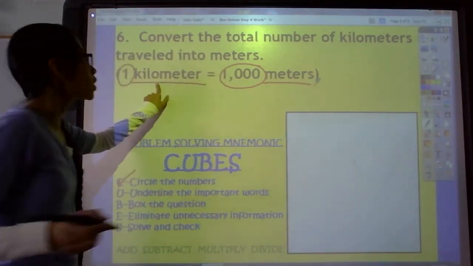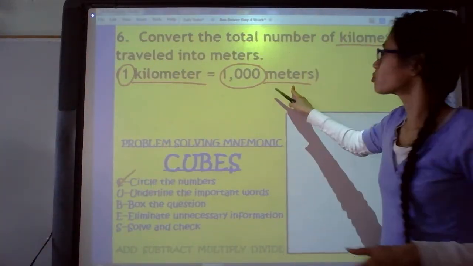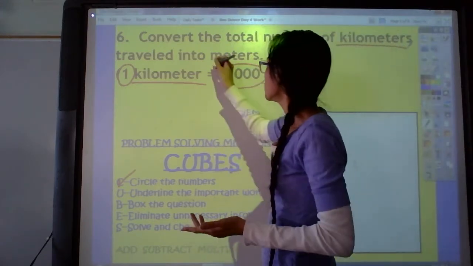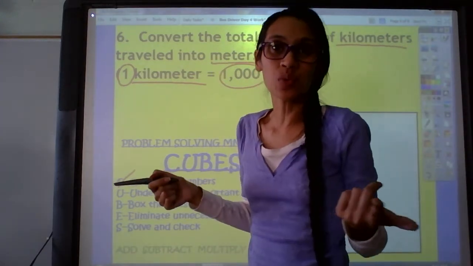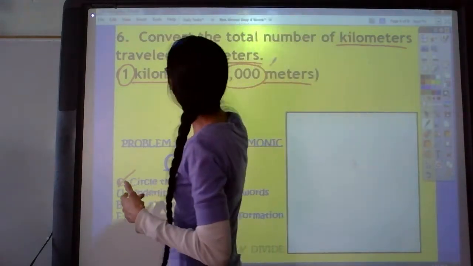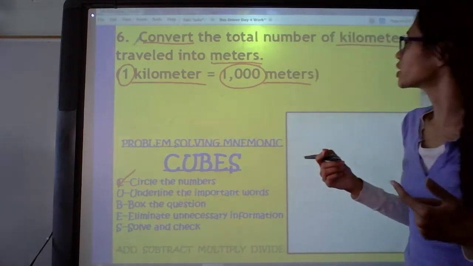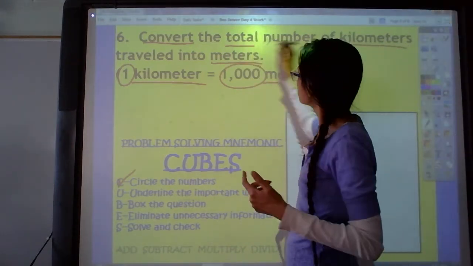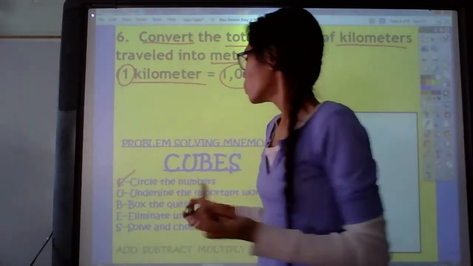And look, the word kilometers is right there, so let's underline that. And the word meters is right there too. Underline that. What else do you see? I see the word convert. That means to change one thing to another. Another word is total. You can underline the word number. And I think we're done. We are done with that step.